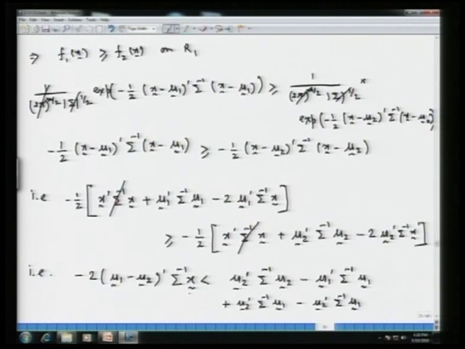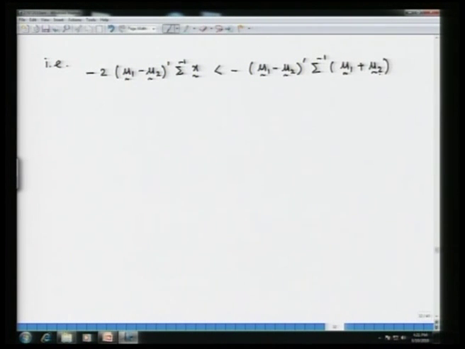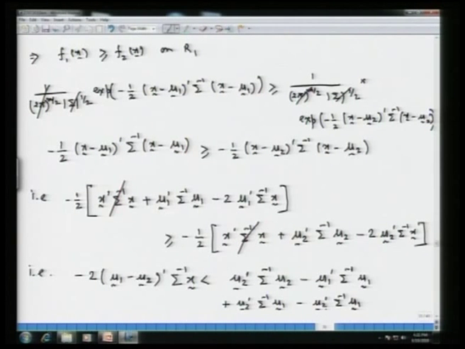So, this expression can be written in the following way: we have this term equal to minus 2 times, leave the left hand side as it is, mu 1 minus mu 2 transpose sigma inverse x, this is less than minus mu 1 minus mu 2 prime a sigma inverse times mu 1 plus mu 2. That is the term which is coming from this right hand side.